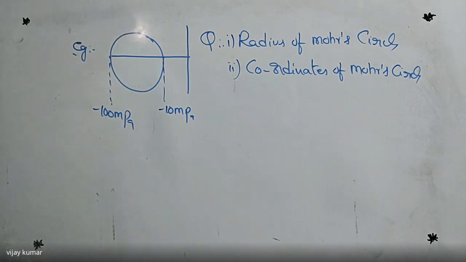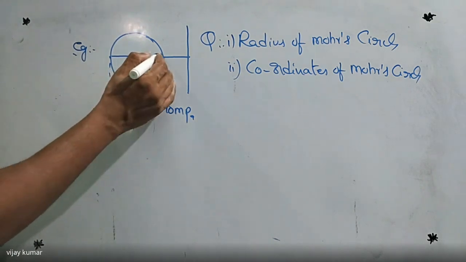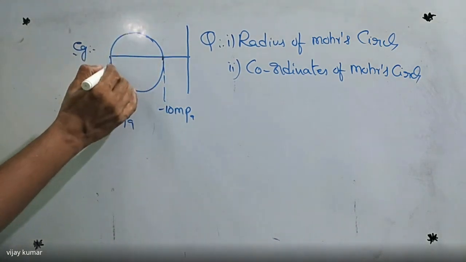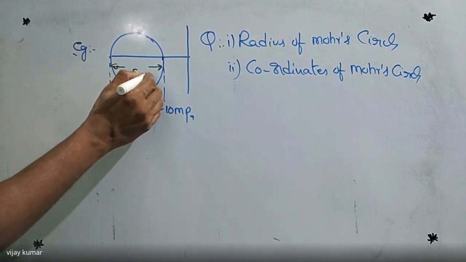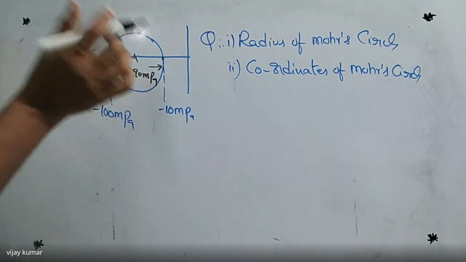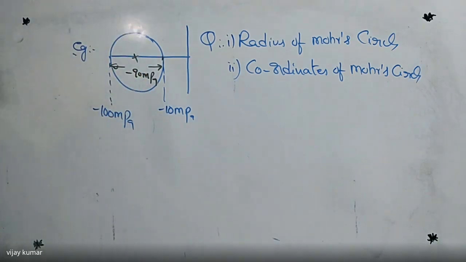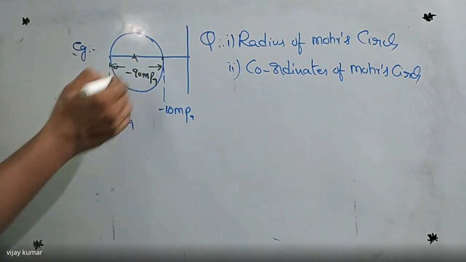But here I'm going to give the explanation of how to find the radius of the Mohr circle. So this is the circle, and what is this length here? We get minus 90 megapascals. And what is the center here now?